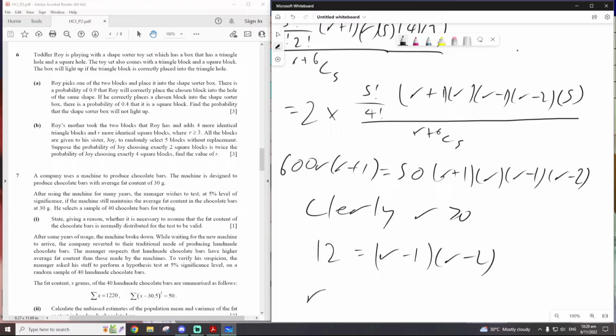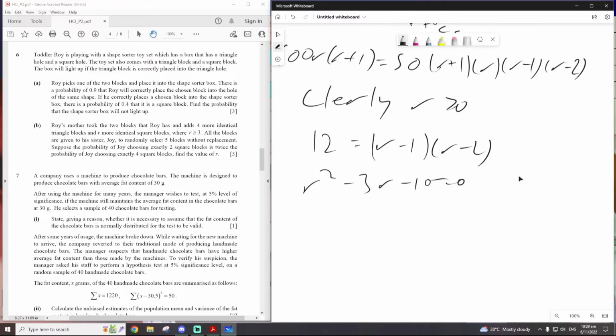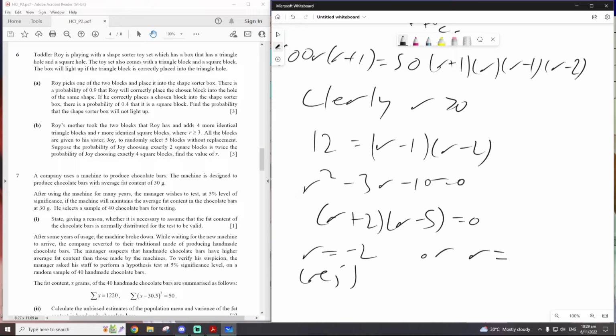Therefore, r squared minus 3r minus 10 equals 0. Then you can solve this to find the values of r. You will get r plus 2, r minus 5 equals 0. So r equals negative 2, which is rejected obviously, or r equals 5. So yeah, that will be the answer. There's quite a bit of work for this question, but I think it's still manageable.